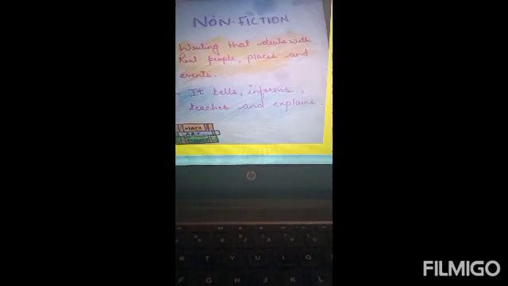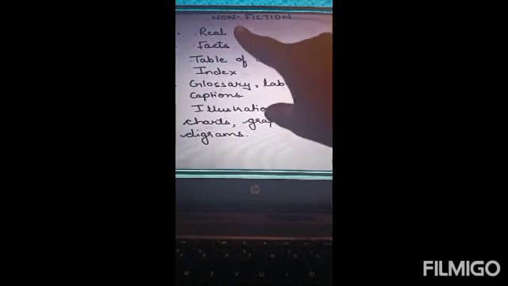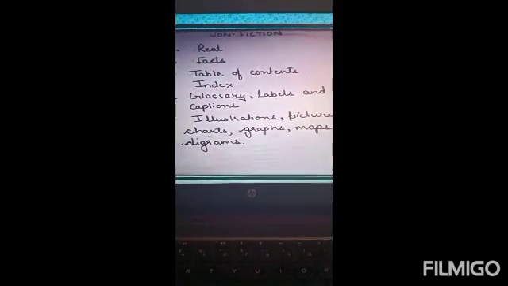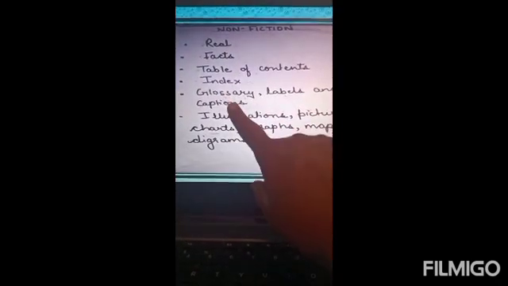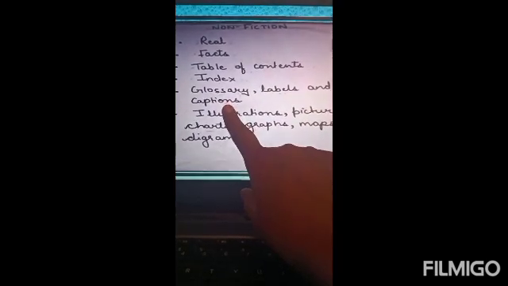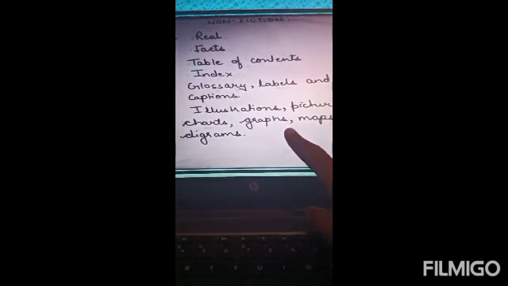So, yesterday we discussed all these text features of a non-fiction text, right? We spoke about contents, we know what is index, we know glossary, why labels are important, why captions are important, illustrations, pictures. We spoke about graphs as well.